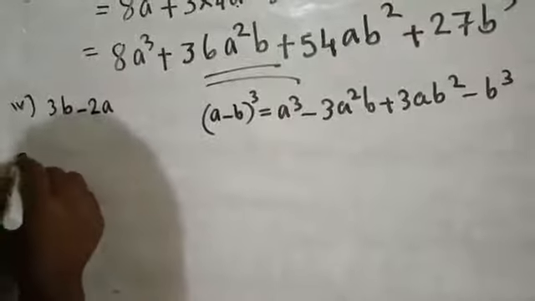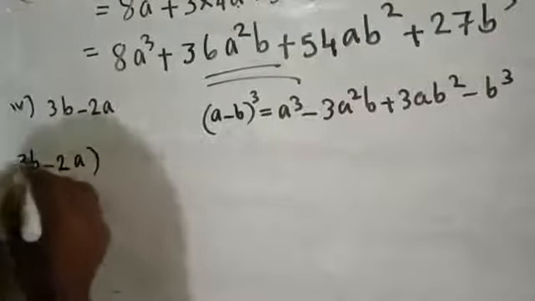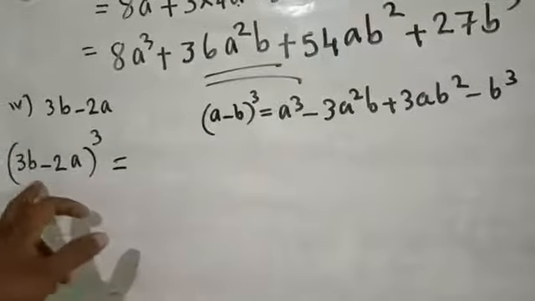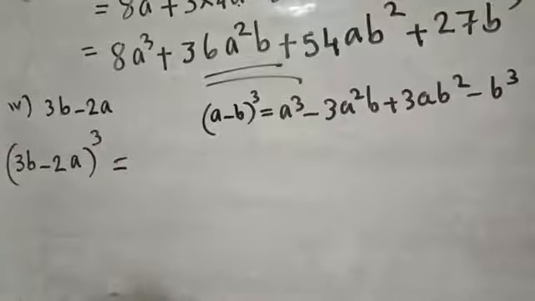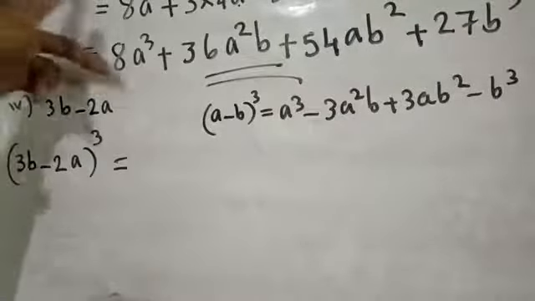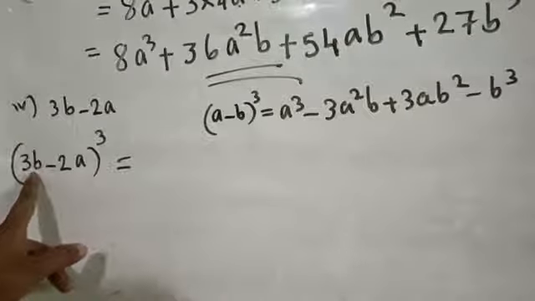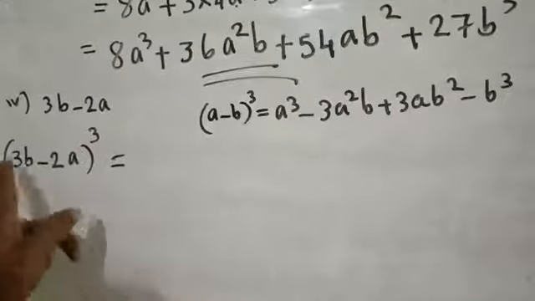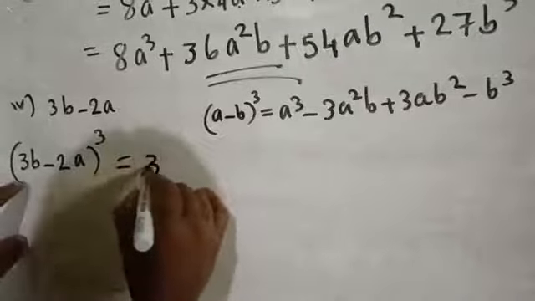Now our question is 3b minus 2a the whole cube. So in the place of a, here 3b, in the place of b 2a. Okay, just reversing this 2a and 3b. In the place of a, here first term, what is the first term? 3b, and in the place of b 2a. This is second term, this is first term, this is second term. So a cube, what is here? 3b.